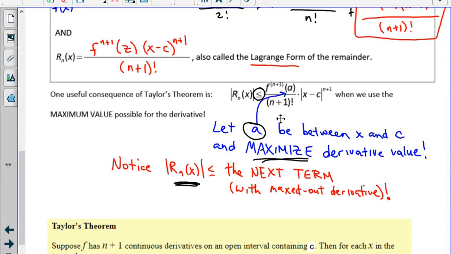So it'd be either the 6th degree or 7th degree or whatever the next degree is in the polynomial or in the series. And then I maximize the derivative value there, just for e, if I'm at 0.4, I just say, let's maximize it, it's definitely less than 3. And then I sub that in and figure out what the error is, or figure out what my n is that would keep it under the required error.